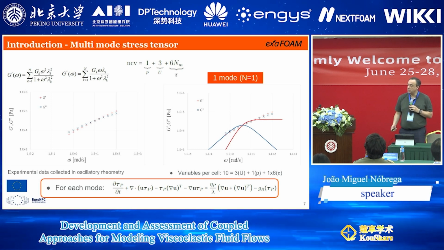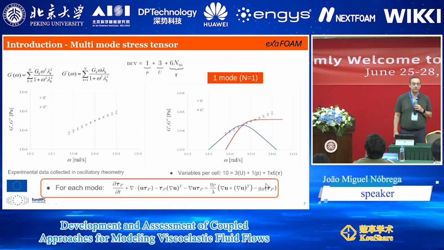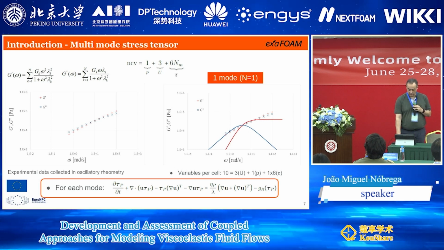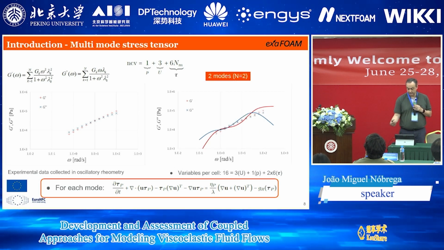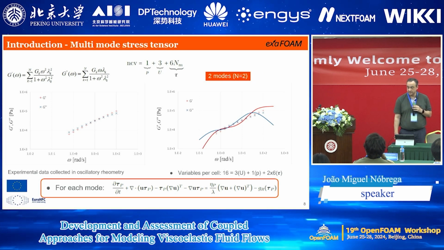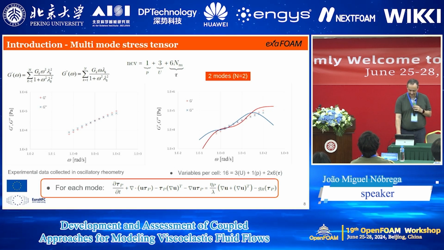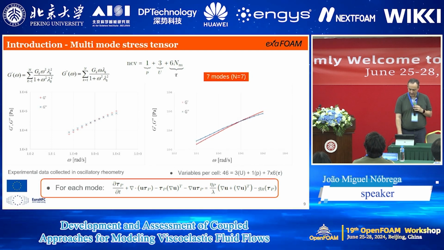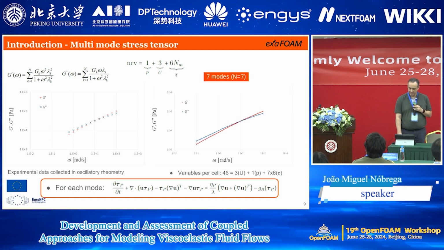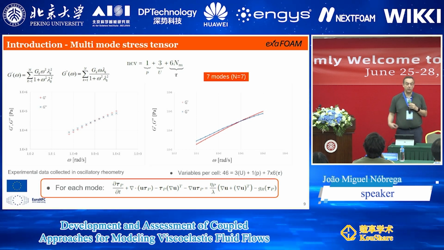For each additional mode we add, we get 6 additional stress unknowns for the problem. In this case, the best fit we get with 2 modes. Okay, I see a few of you saying that's not yet good. Okay, if we use 7 modes, we get a good fit for this case.